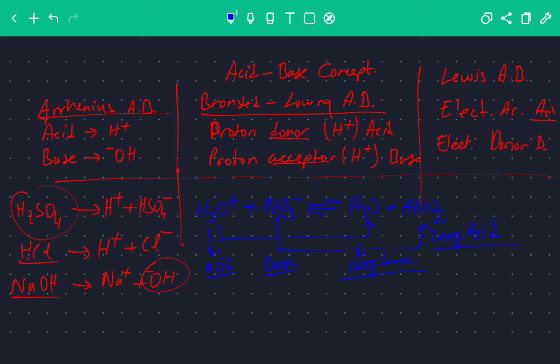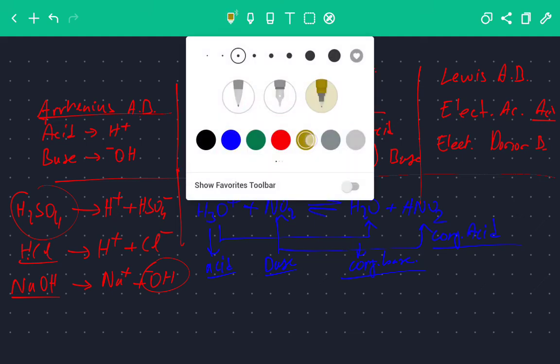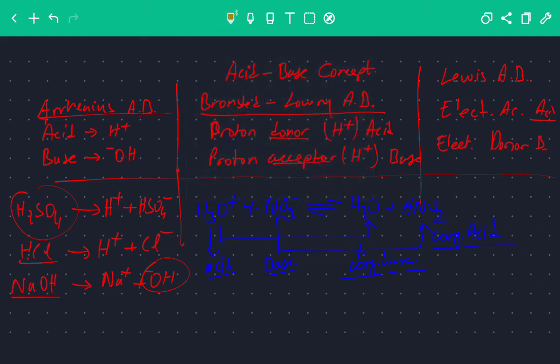And we also look at the Lewis acid-base concept. It is also an easy concept. For instance, you have ammonia in water. Ammonia attacks one of the hydrogens by using its electron, and it creates NH4 plus and OH minus, which means that it donates the electron.